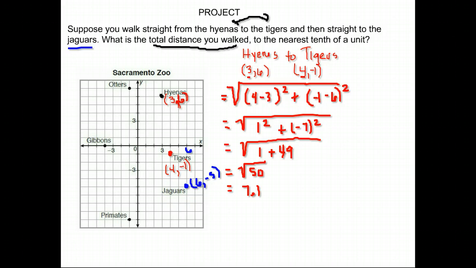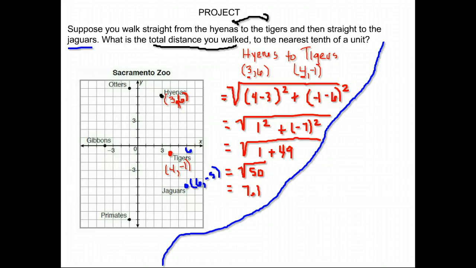Okay, are we okay with how to find the points on the graph as to where they're located? Okay, so we found our first distance. I'm going to separate these so we can do them and then add them together. So now we are going from the tigers at (4, -1) to the jaguars at (6, -5).